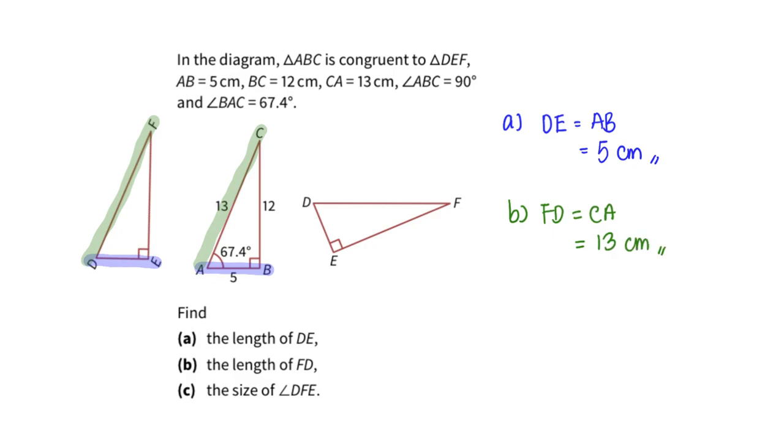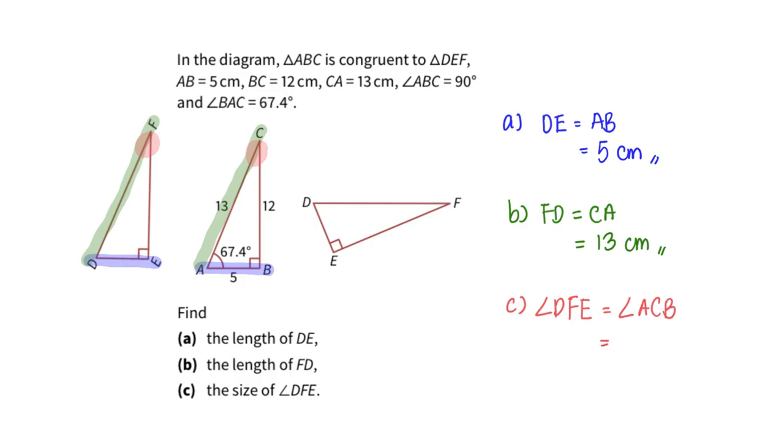And find the size of angle DFE, which is this angle here. It's the same as angle ACB, and therefore part C will require our knowledge that the sum of the angles in a triangle is 180 degrees. So angle DFE, which is equals to angle ACB.